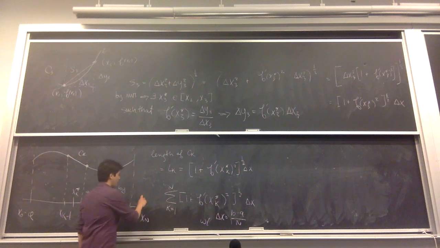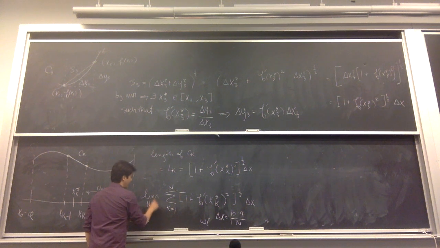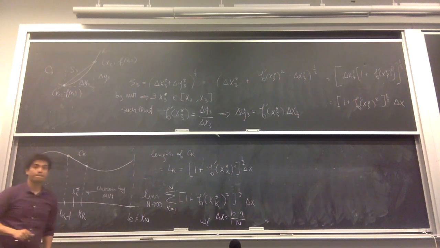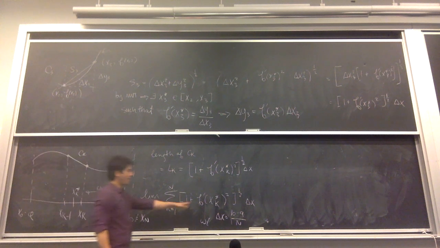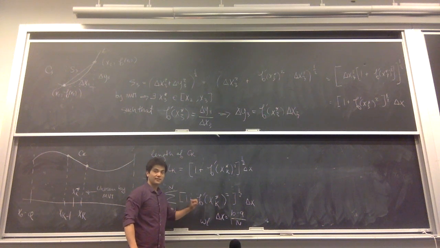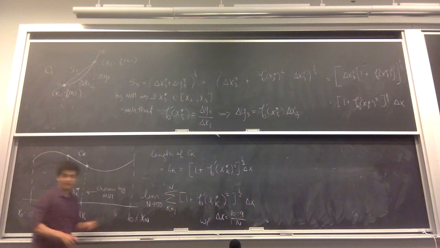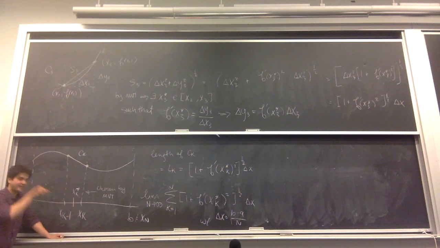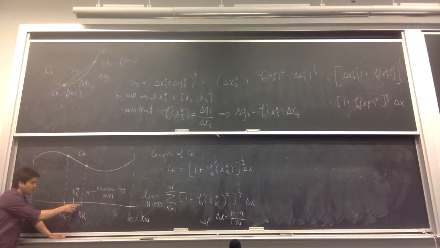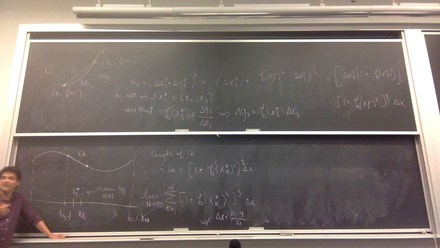Okay, but what happens if I run n to infinity here? Then we do the integral. But we have to worry about this point, because it has been sampled by the mean value theorem. But look at this: as I increase n, this interval is going to get infinitely tiny. So the point chosen by the mean value theorem, we know what it has to choose. On an interval with exactly one point in it, it has to choose x_k.